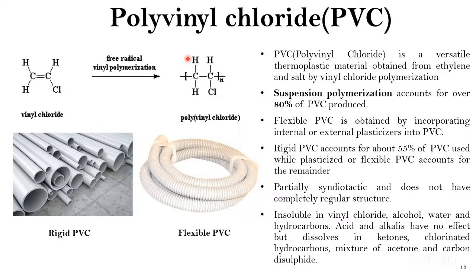There are a lot of plasticizers, but for PVC, generally, we use DOP. The plasticizing effect is obtained by internal and external plasticizers. So DBP and DOP are different kinds of plasticizer we have in the market.